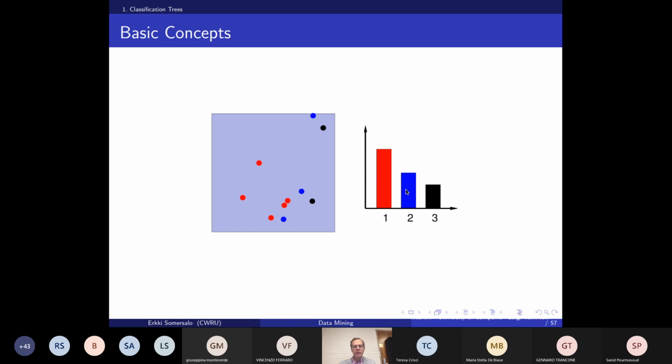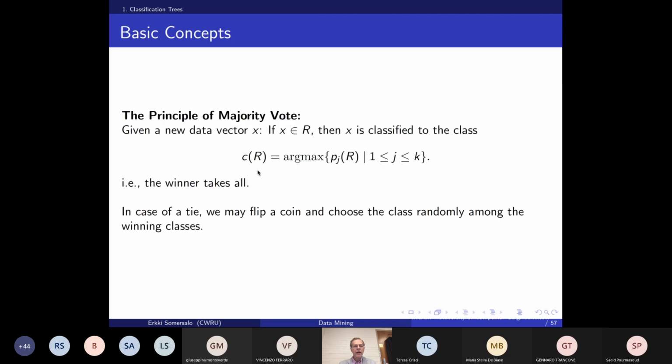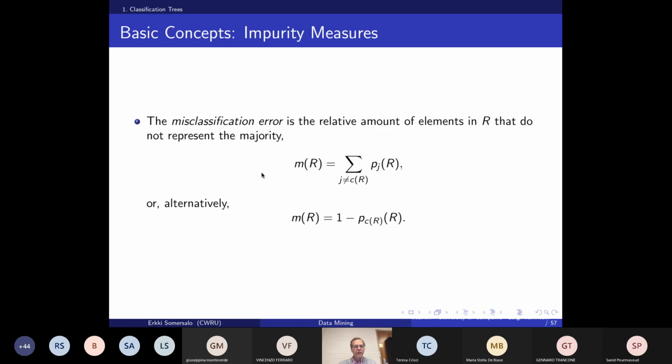If you do that, you have some misclassification error because some of the points were not classified correctly. The blue and black points are not classified correctly if you say that this rectangle represents the red class. And so CR here is the winning class, okay? And so then we had the misclassification error.